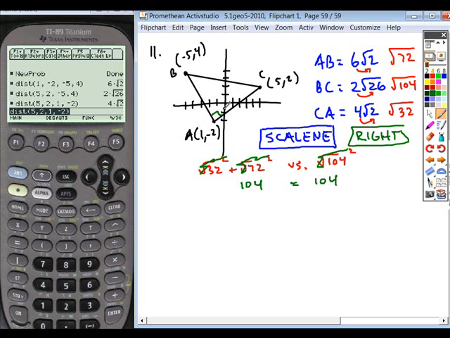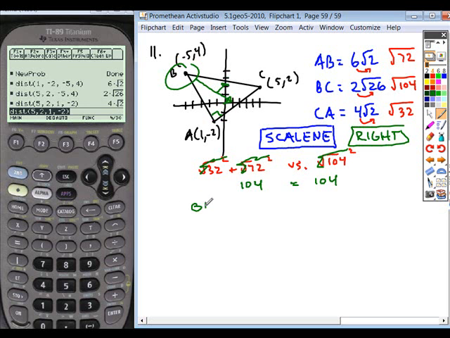And so if you wanted to find your angles, well, right away we see that angle A is 90 degrees. And then you could use trig ratios to find one of the other angles. So let's say we wanted to find angle B. And since we have all of the sides, you can use any trig ratio that you want. So let's say we use B, opposite, and hypotenuse.